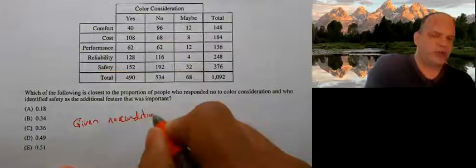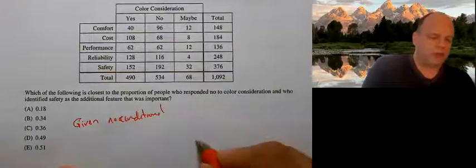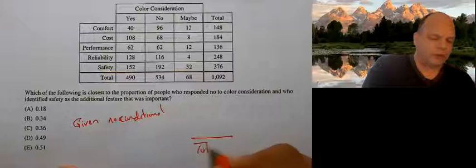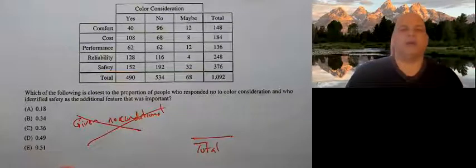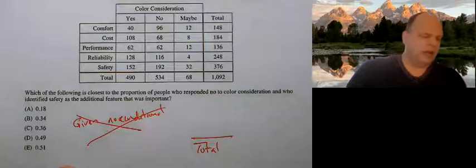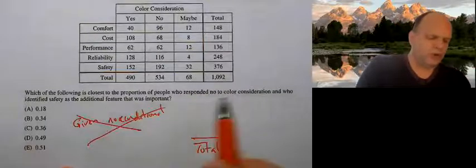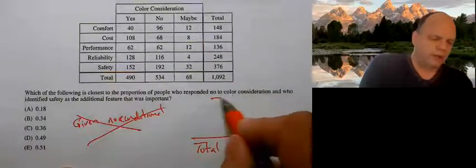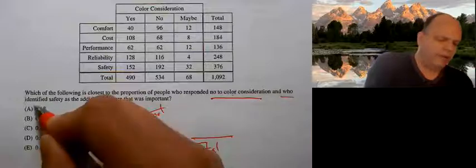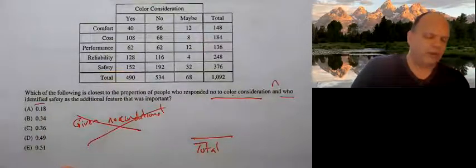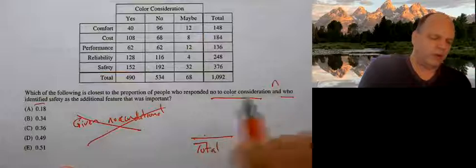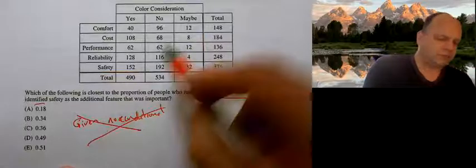Since we have no condition, our denominator is going to be the total amount. And what we're interested in is no to color and who identified safety. So no to color tells me my intersection, so my intersection over my total.